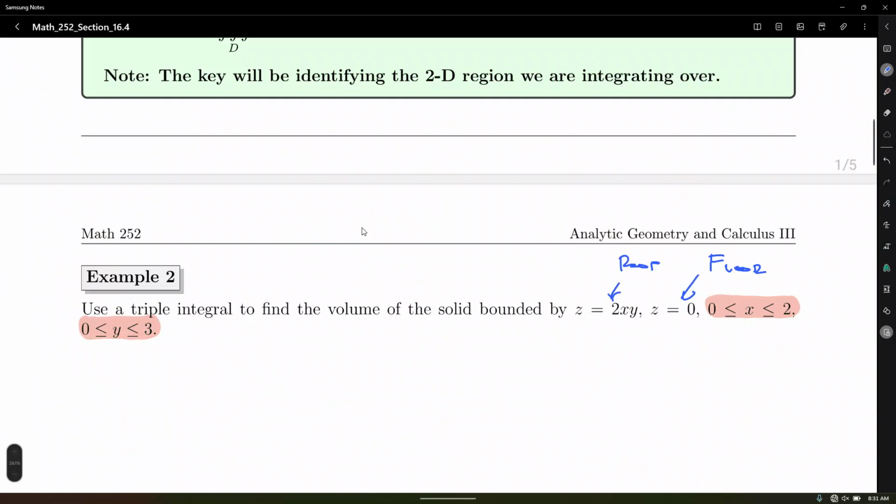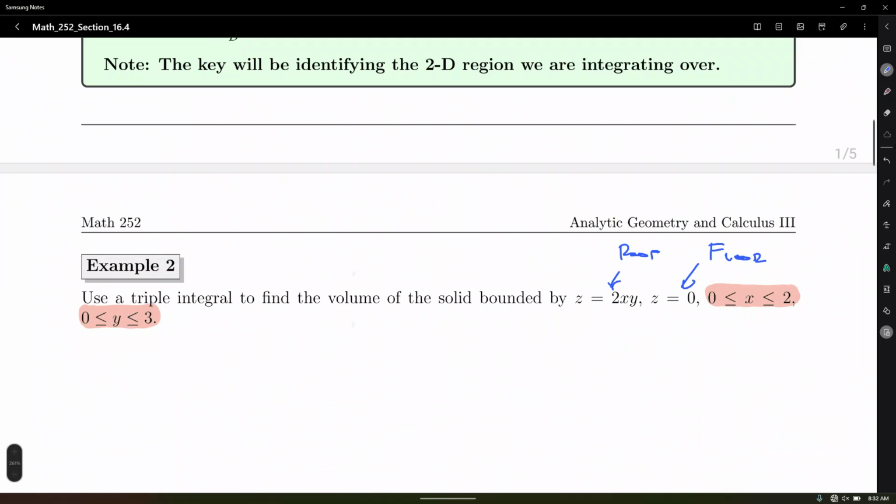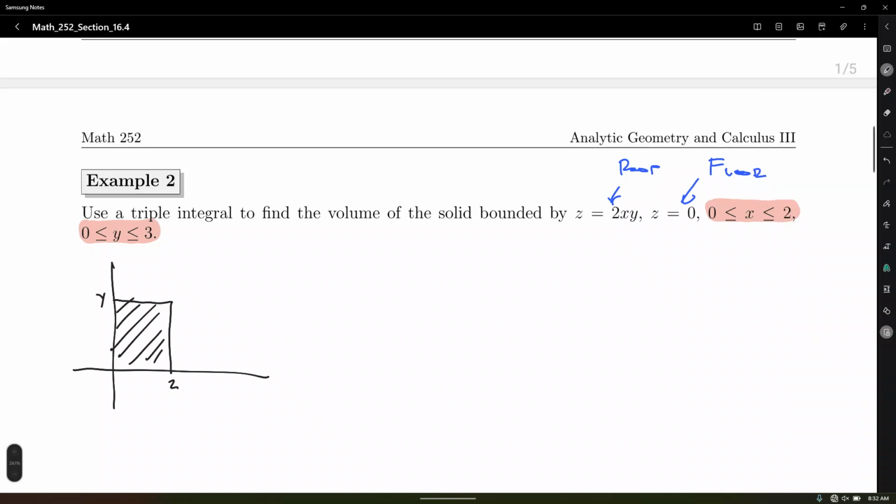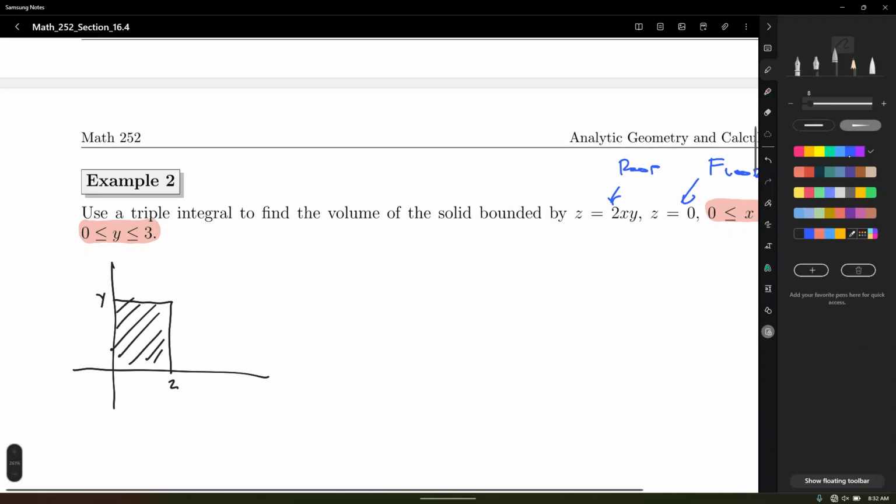Okay. All right. So here we would need to just do a basic XY projection, because again, it's very important to see what's going on in the XY plane. That's typically given by the projection of these surfaces onto the XY plane by setting them equal to 0, or in some cases you will be given inequalities to show you these regions.